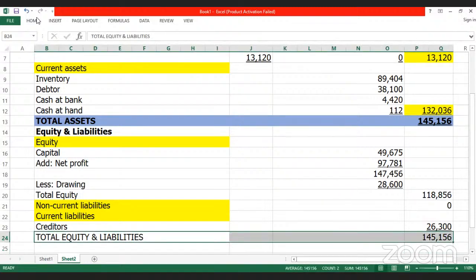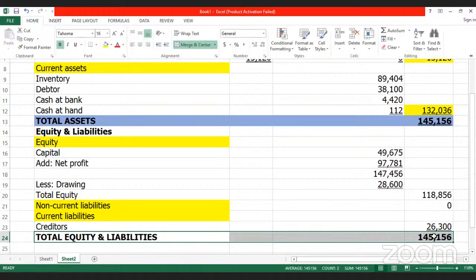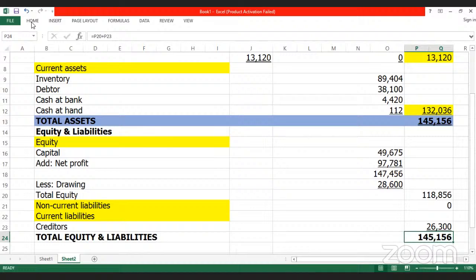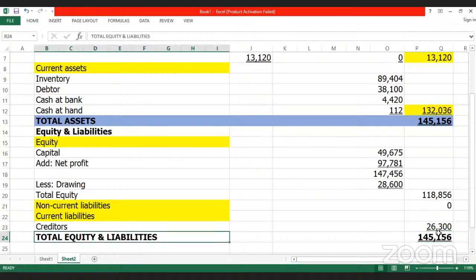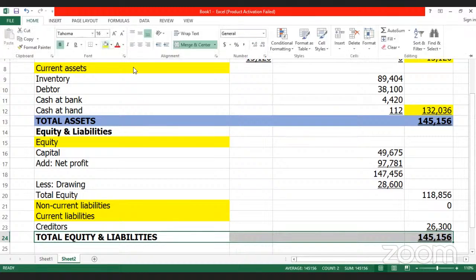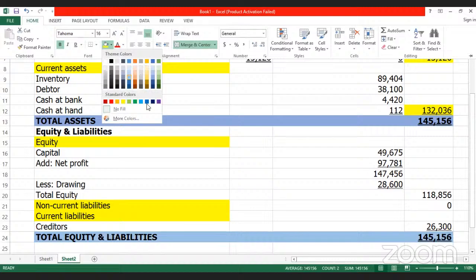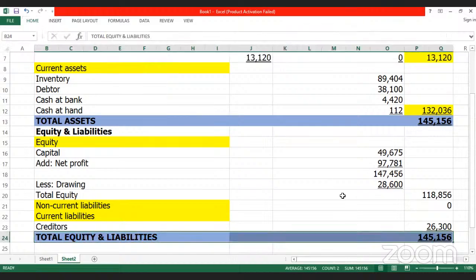So that is your total equity and liabilities. And you see that total equity and liabilities is equal to our total assets figure up there. Don't forget that your total assets will always be equal to the total equity and the liabilities, as you can see. So that is your statement of financial position.